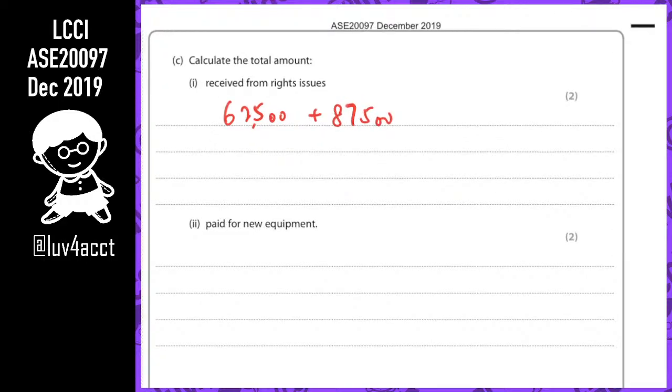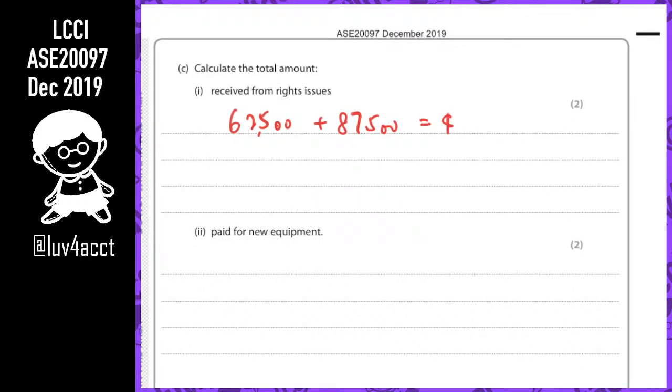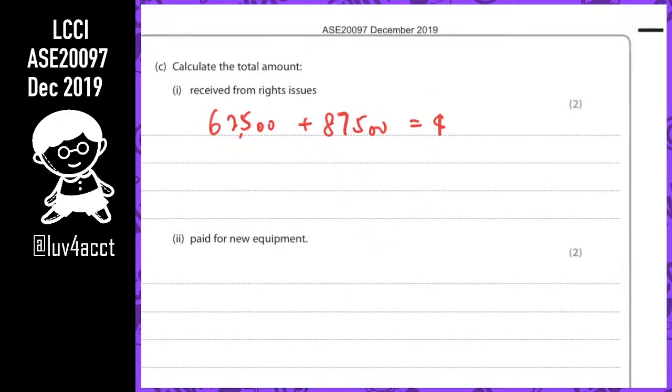Okay, so 625, 875, 150,000 in total, paid for the new equipment. We have just calculated 550.